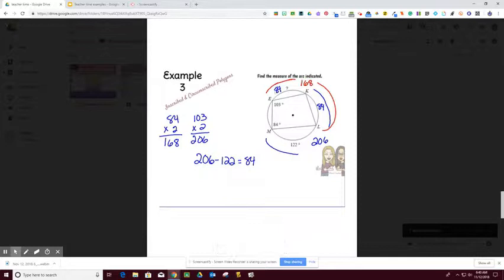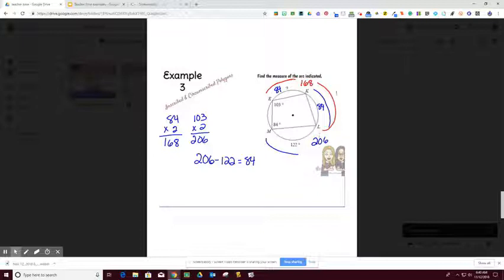The question asks us to find X, or the question mark. So I'm going to start by saying, what is this whole arc measure? What I did was I said 84 times 2 is going to give me the red arc. And then I know that this one is going to be 206 because double 103 is 206.